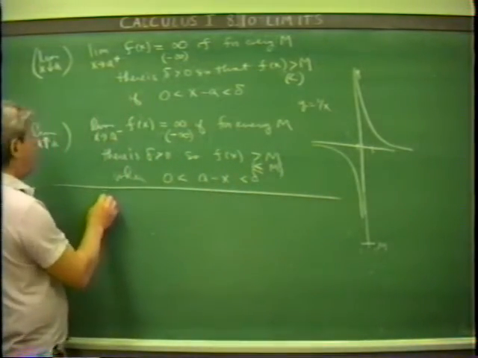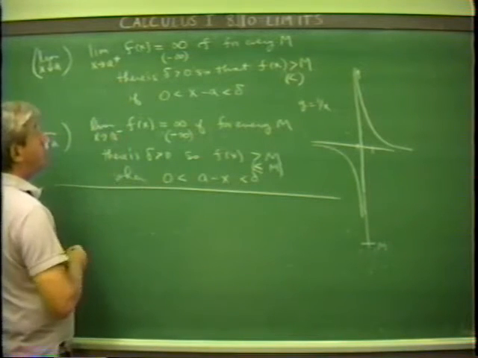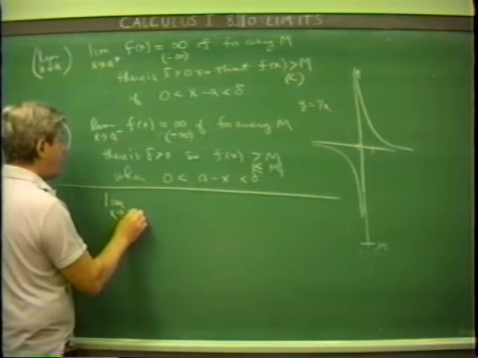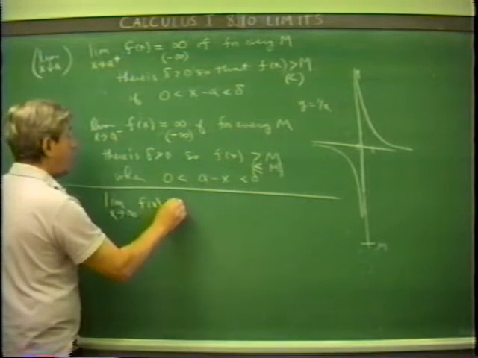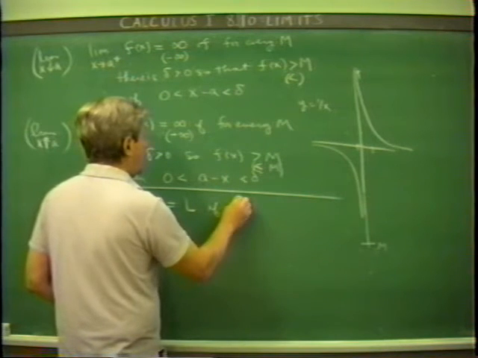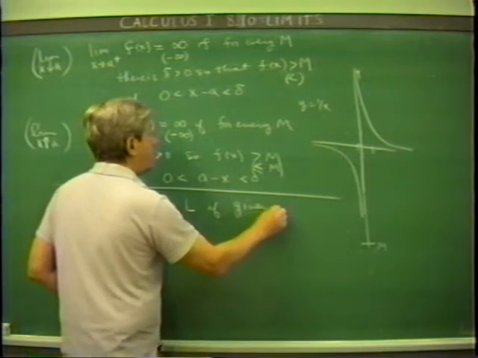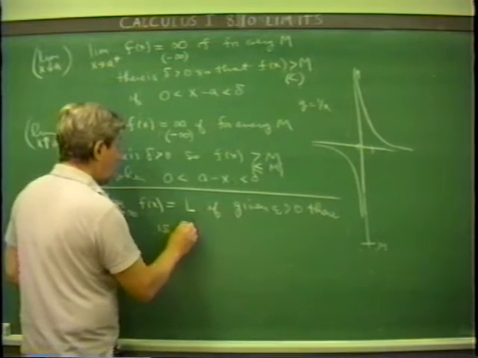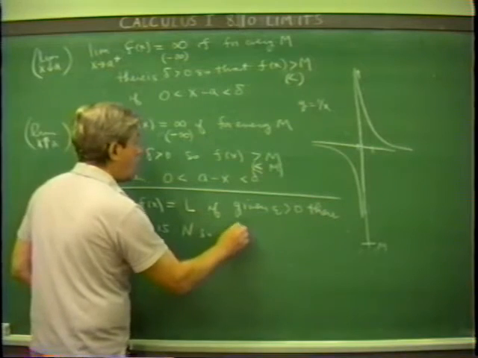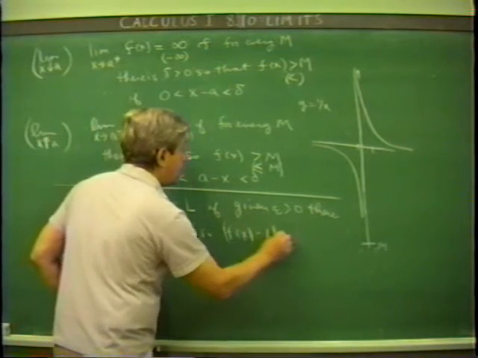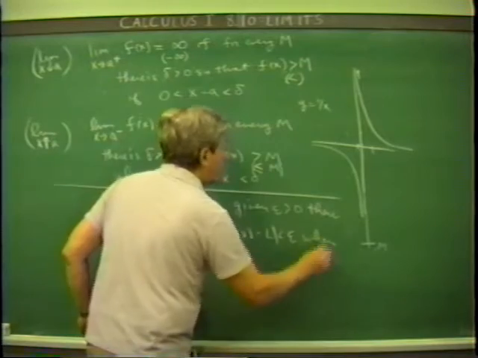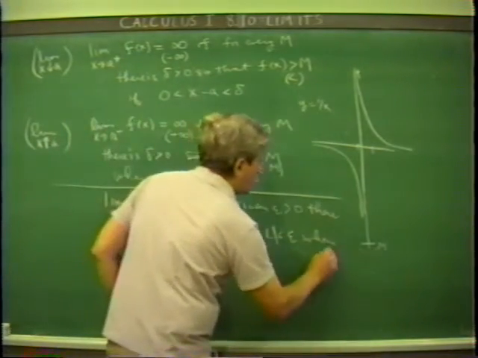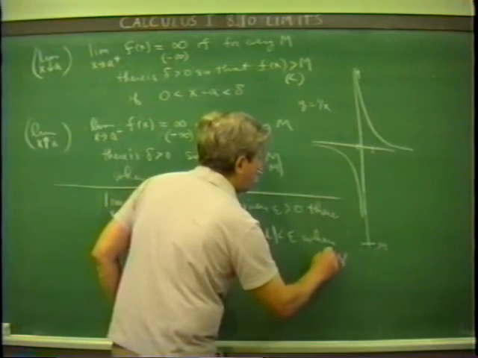Okay. What we're also going to want to do is to look at functions as x gets very large. The limit as x approaches infinity of f of x will be said to be a number L if, given epsilon greater than 0, there is a number n so that the absolute value of f of x minus L is less than epsilon when x is larger than n.